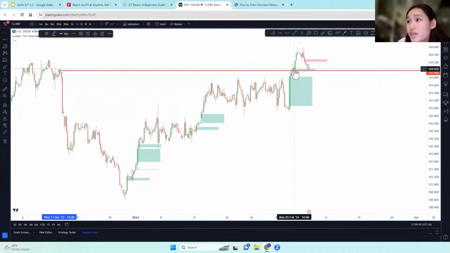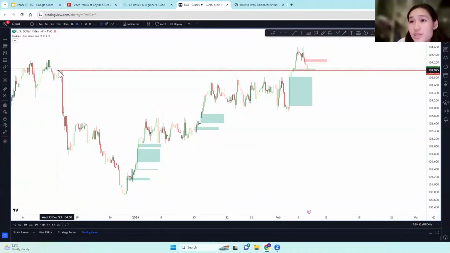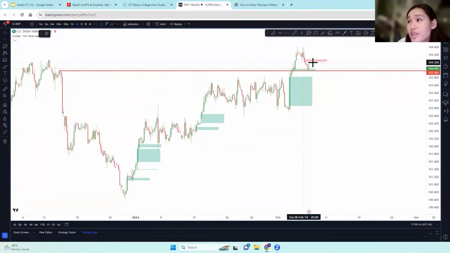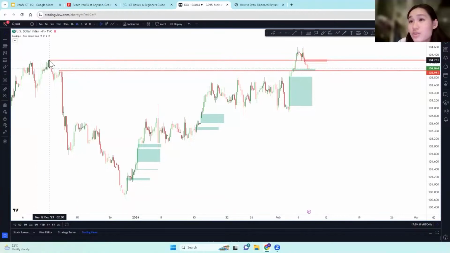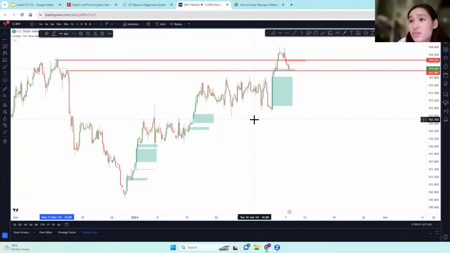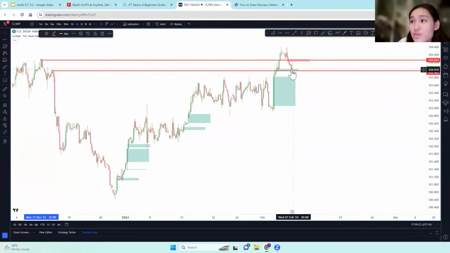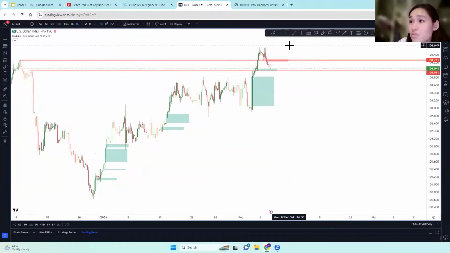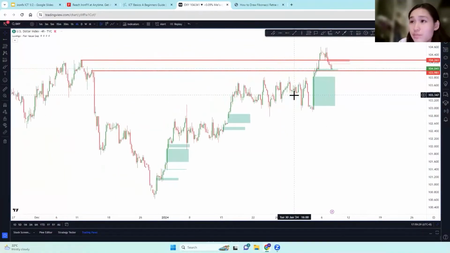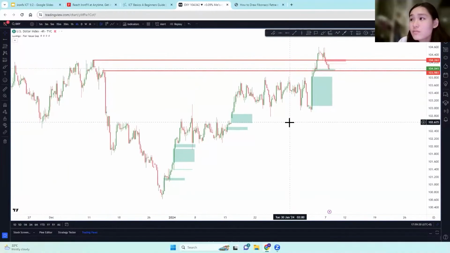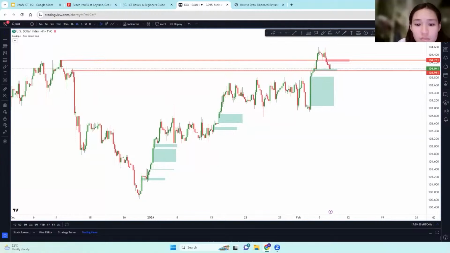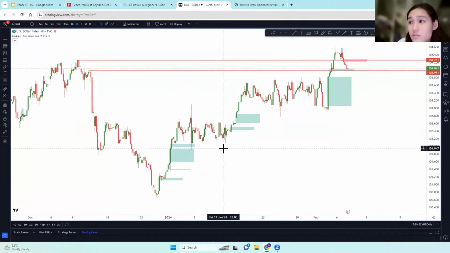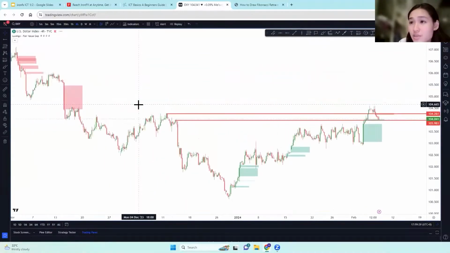We have this green highlighted area, which is in line with this swing high. This fair value gap is in line with this resistance area as well. So we're expecting price to continue to rebound off of this area and drop below it. So that's for resistance levels.